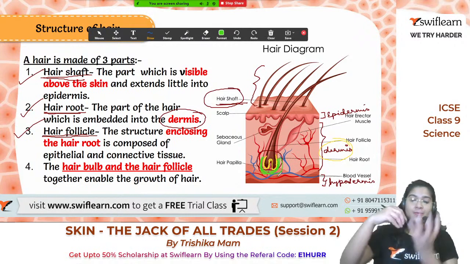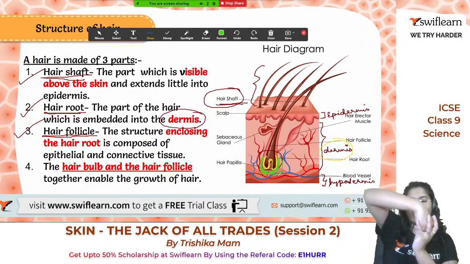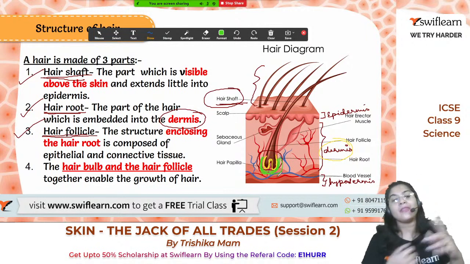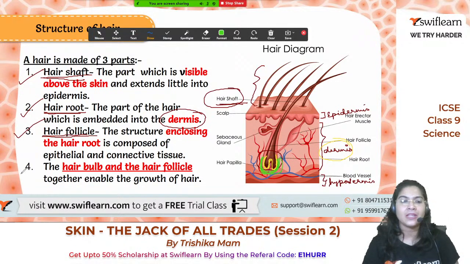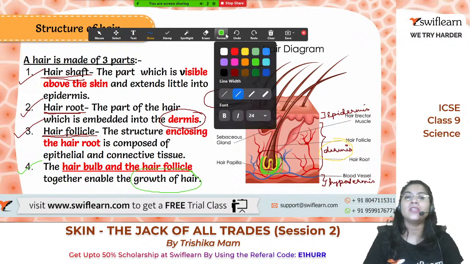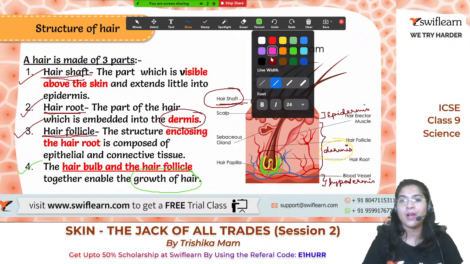So follicle is the cup like structure in which the root of the hair is embedded, right? And the fourth one is the hair bulb. The hair bulb and the hair follicle together help in the growth of the hair. So this is all about the main structure of the hair of our body.